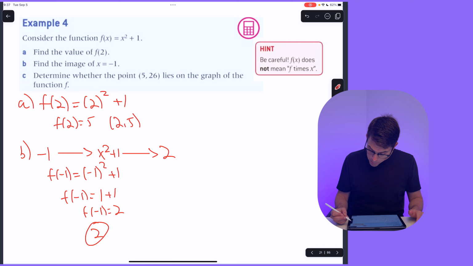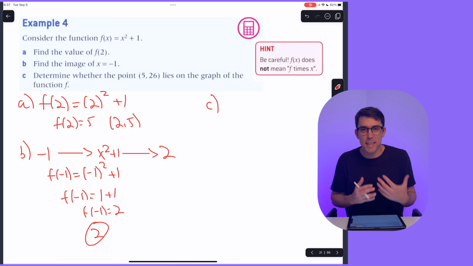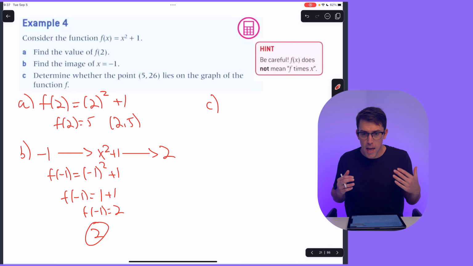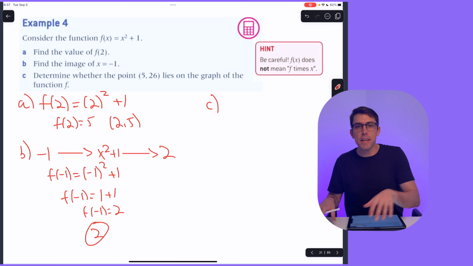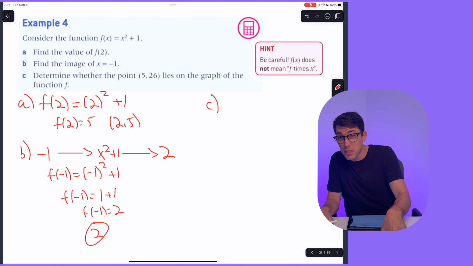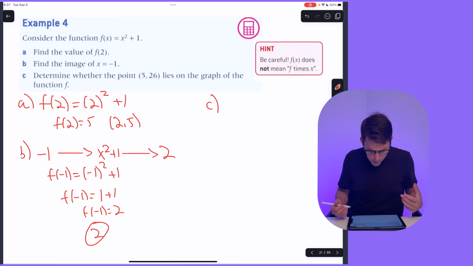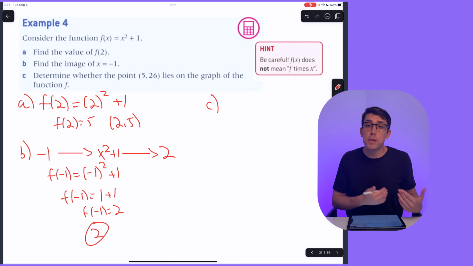Okay, and now the question is asking us, can we determine whether the point (5, 26) actually lies on this graph? It's like saying, given this input and this output that maybe you want to happen, or maybe you're wondering if it happens depending on the context of the question, how is that possible? Well, it's actually quite easy, because 5 is our input, 26 is our output.